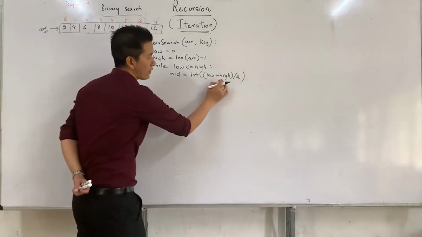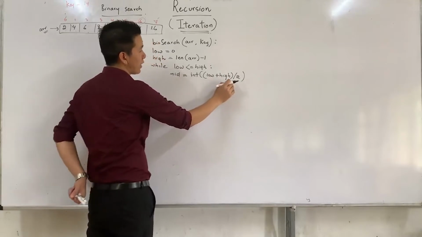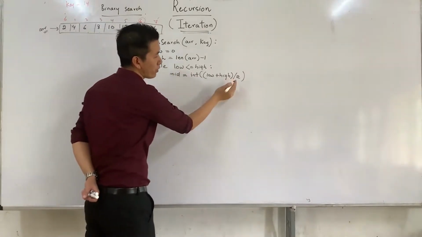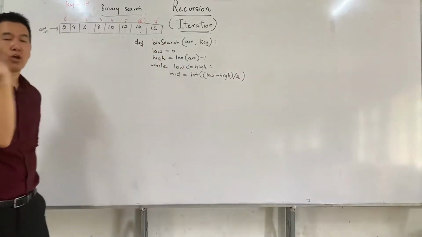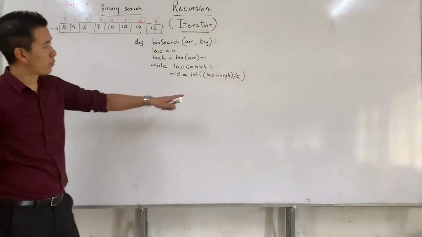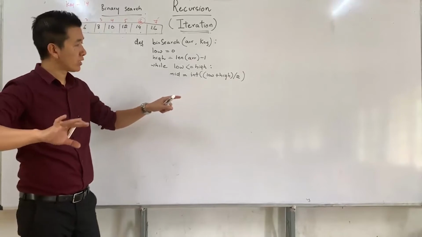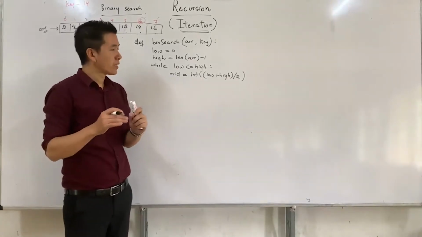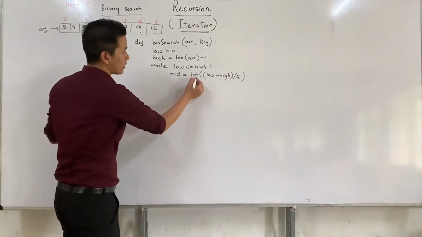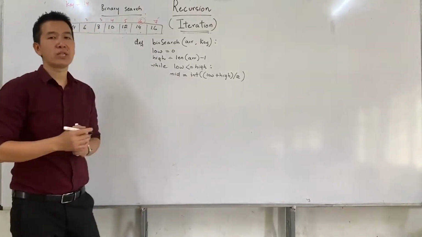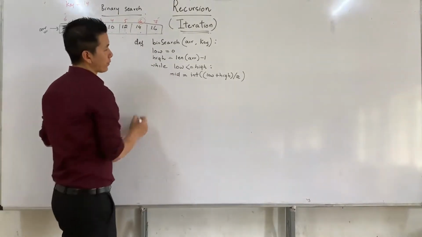So 0 plus 7 is 7, and 7 divided by 2 is 3.5. Since this is the floating division operator, you will have the answer as 3.5. But we are not interested in the fractional part, since we are dealing with an index value. So the typecast of int will help us convert 3.5 to 3.